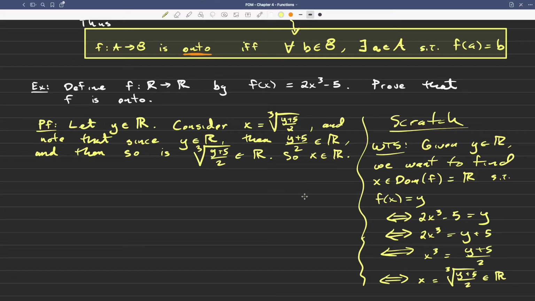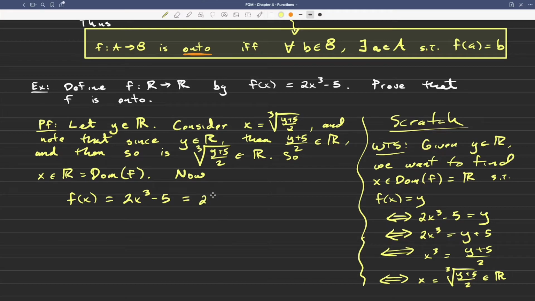Now I've identified an element in the domain. I'm going to emphasize that R is the domain of f here. If you have an element that's in your domain, you can plug it into the function, right? Domain elements are those elements that you're allowed to plug into the function. So now I can look at f of x, and that's 2x cubed minus 5 according to the definition.